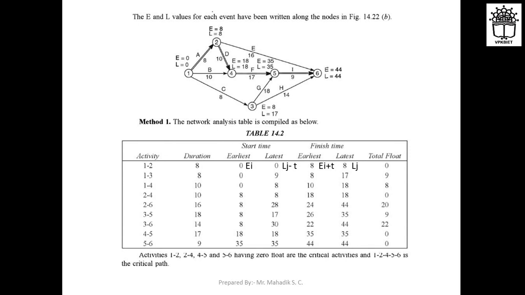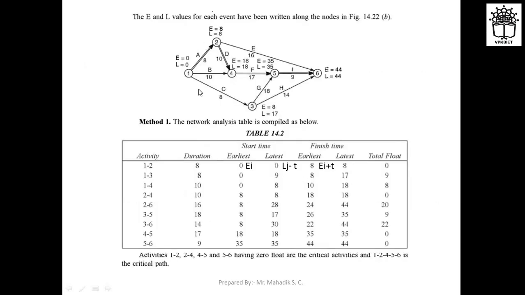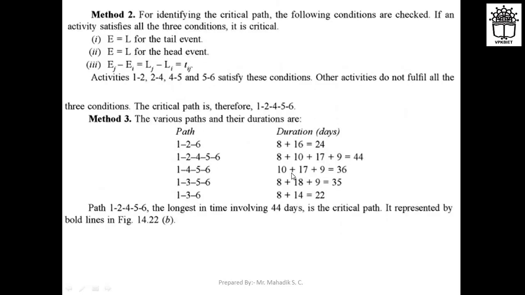In the GATE exam there is no need to calculate all these things. If they ask to calculate the critical path and the time duration required, you just draw the network diagram, take all the paths and the duration required for each, and take the maximum duration. That will be the critical path.